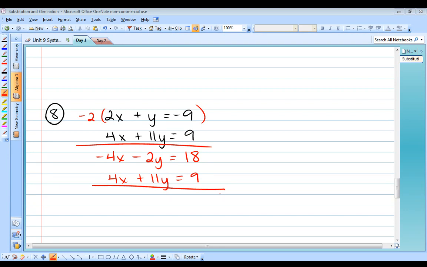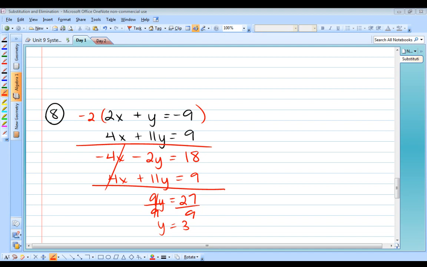Now what happens? My x's are now opposite, so they cancel out. And then, what is negative 2y plus 11y? 9y equals, what is 18 plus 9? 27 divided by 9. y equals 3.